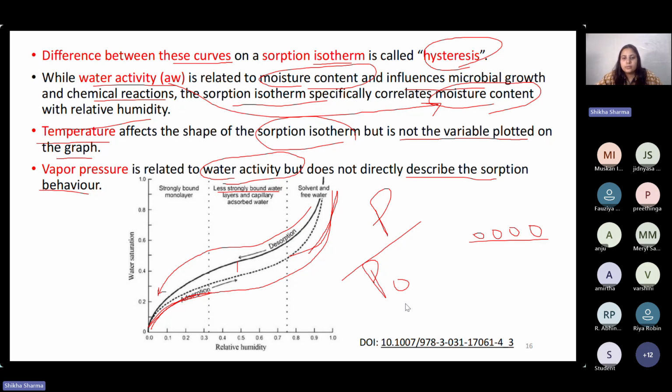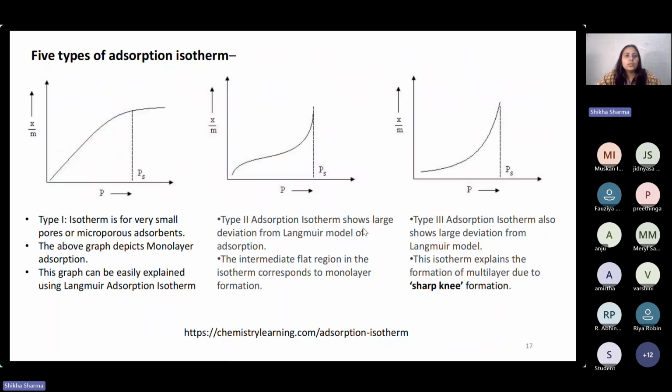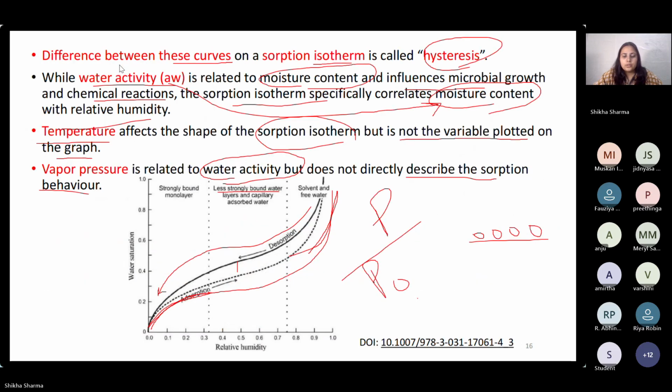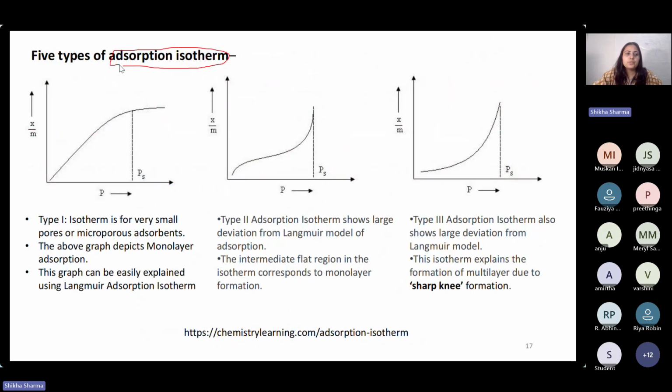food product. So there are 5 different types of adsorption isotherms available. We classify adsorption isotherms, which is this graph basically, into 5 different types.